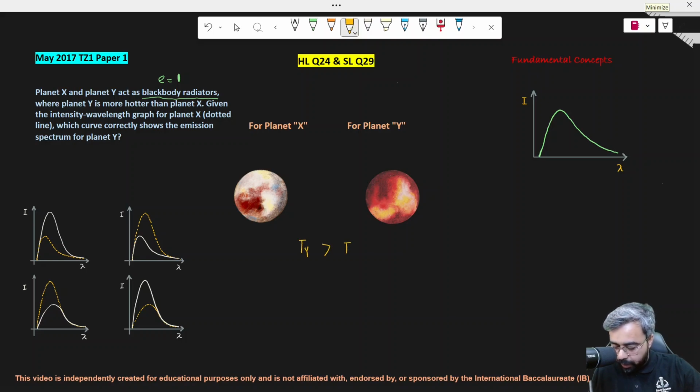First of all, I will explain what the intensity and wavelength graph tells us. According to the Stefan-Boltzmann law and modern physics, all the energy radiated from the planet is not radiated in a single wavelength. It is radiated across the entire electromagnetic spectrum, which you can see by looking at the different wavelengths.